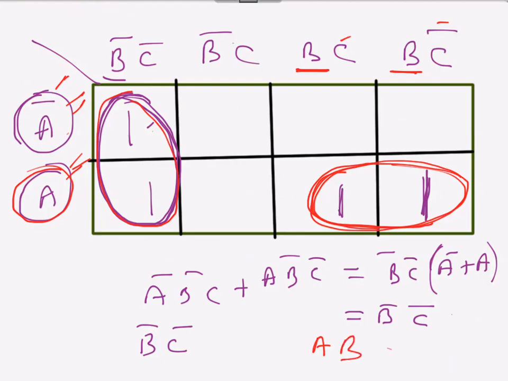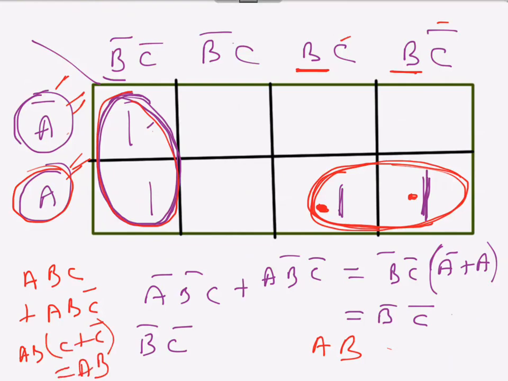Now in terms of Boolean algebra, this one is A, B, C, and this one is plus A, B, C bar. Strictly without the K-map, we would have written AB times C plus C bar, and that would give AB.